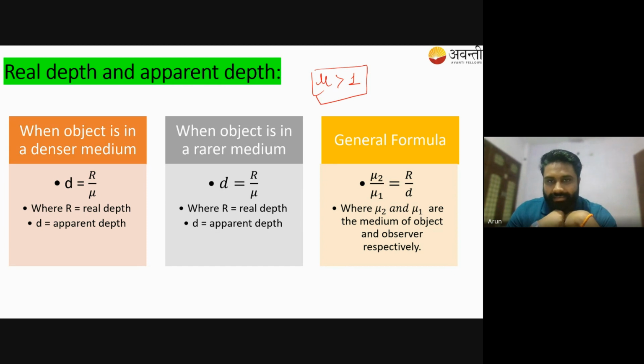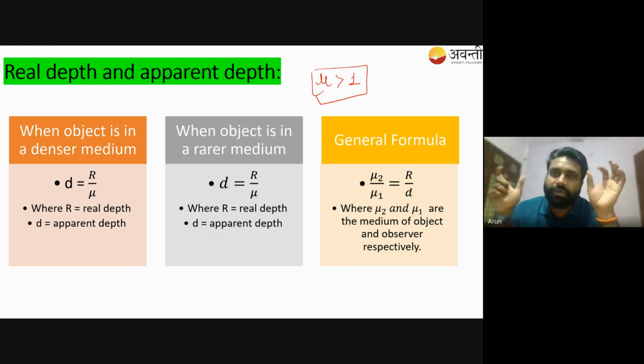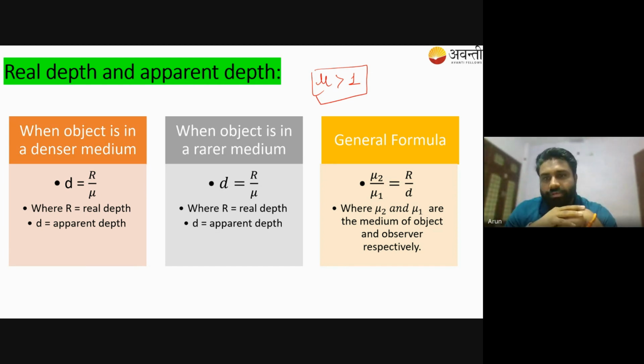You will never read this term, optical friction, written anywhere. This is what I'm telling you, because it is a friction for light, the cause for which the speed of light decreases when it enters a medium other than vacuum or air. Got it?